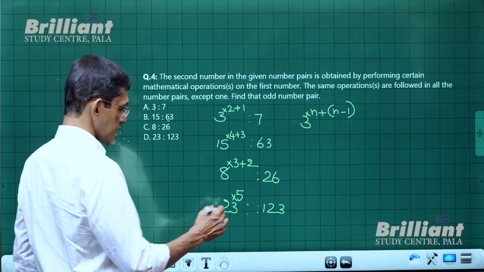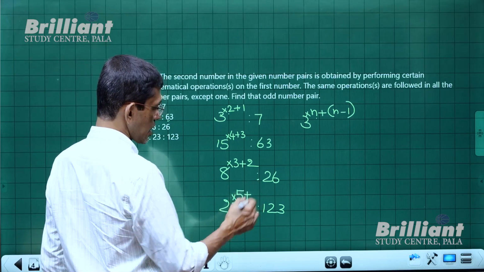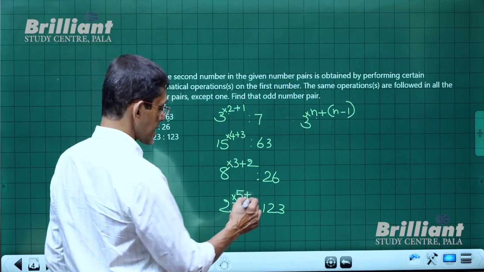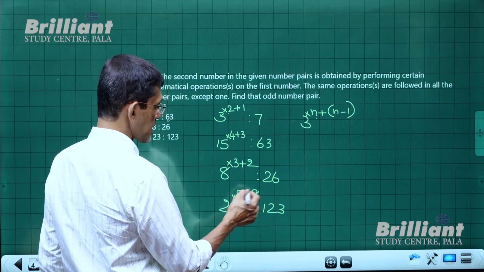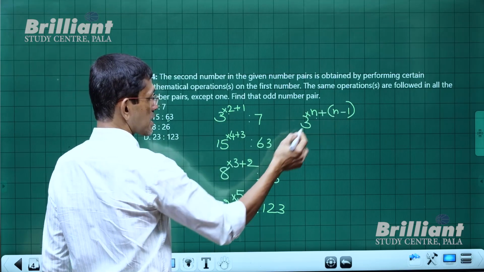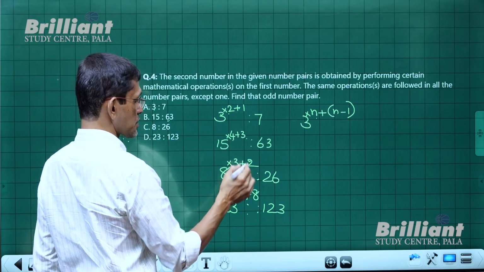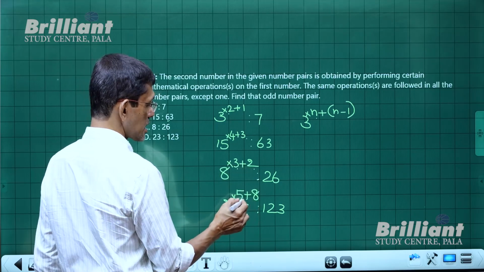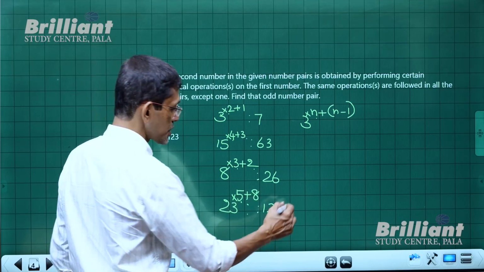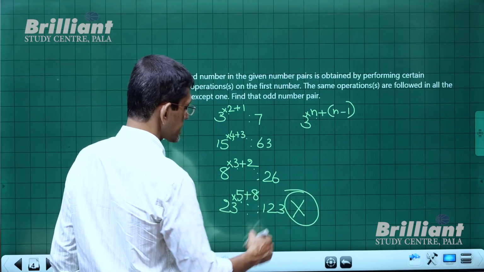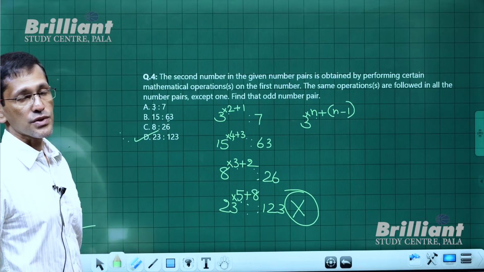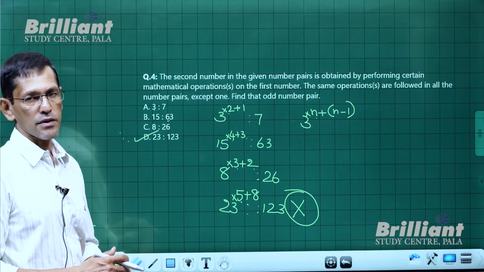So 115. 115 plus how much is 123? 115 plus 8. So all the other cases are into n plus n minus 1. Here it's into 5 plus 8. So this one doesn't follow the pattern. So the answer, the last answer choice, 23 and 123, that pair is different from the others.